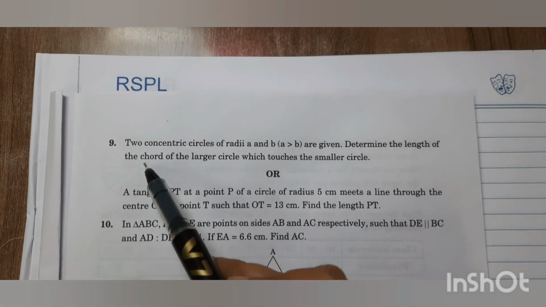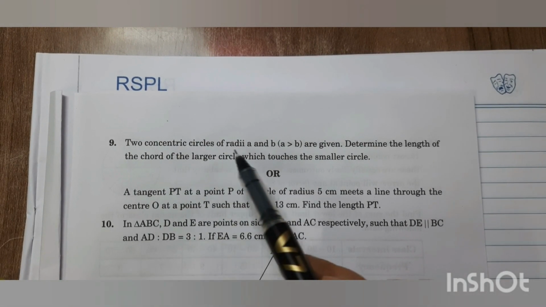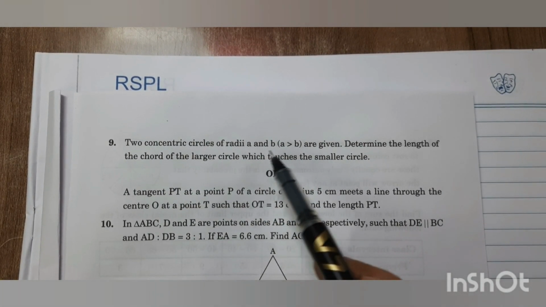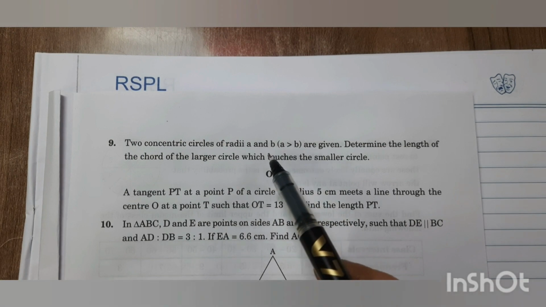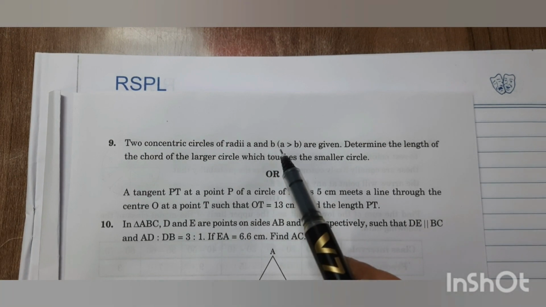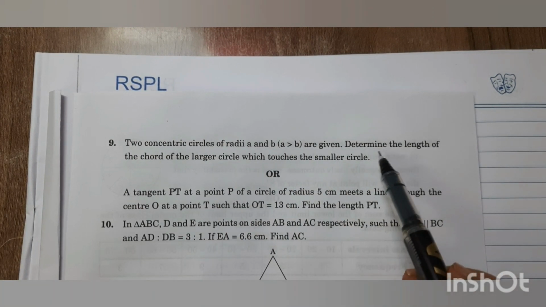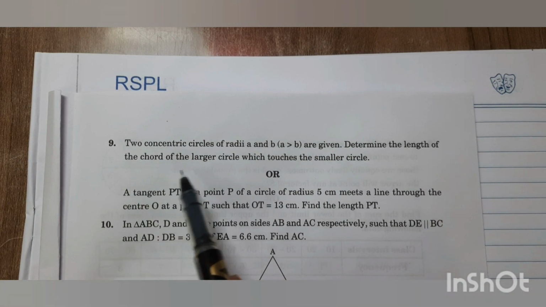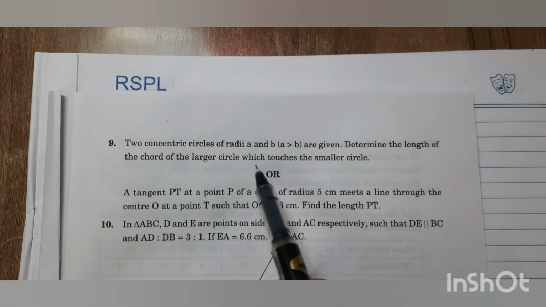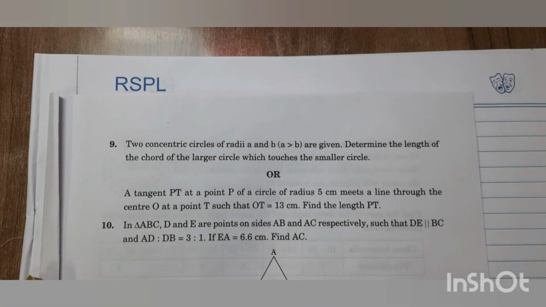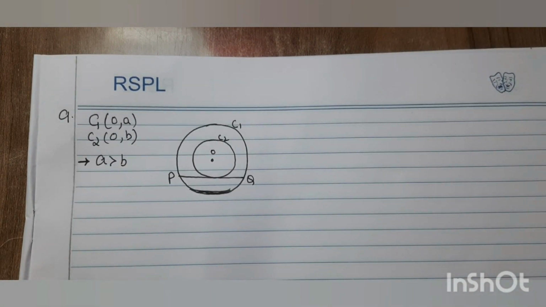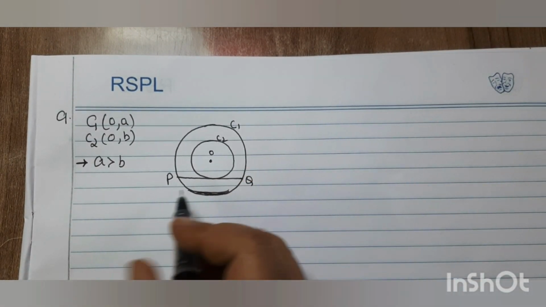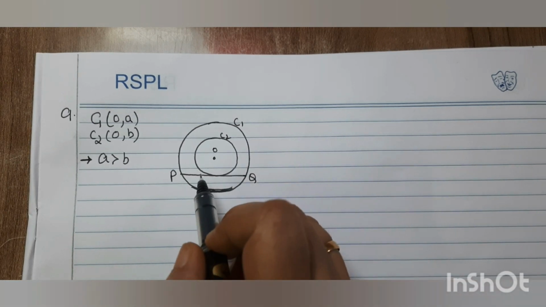Next question, 9th one. Two concentric circles of radii A and B, where A is greater than B. So the radius A will be greater than B. Determine the length of the chord of the larger circle which touches the smaller circle. 9th standard part, you remember this one. So C1 and C2 are two circles.